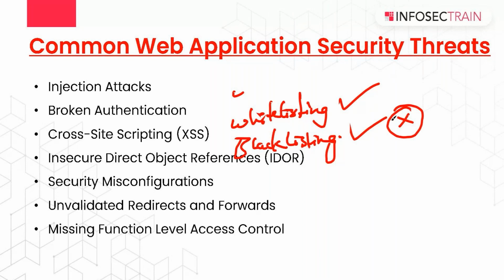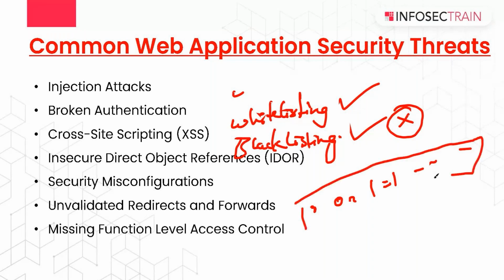So if we write scripts in our URLs or input fields, like the one we used previously for broken authentication, it is not going to accept this script. So we have to validate the user input.